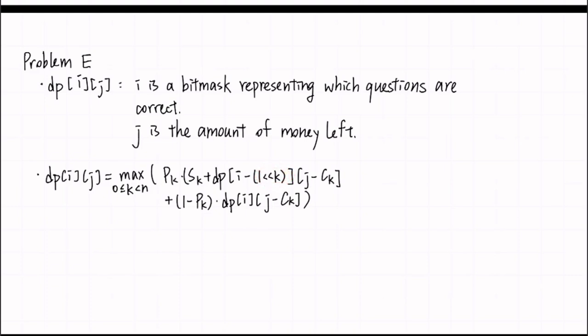So when the kth digit of the bit mask is 0, which represents the current state just without the kth question correct.